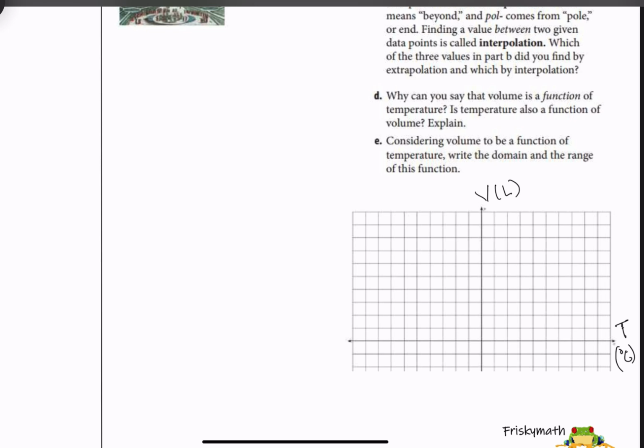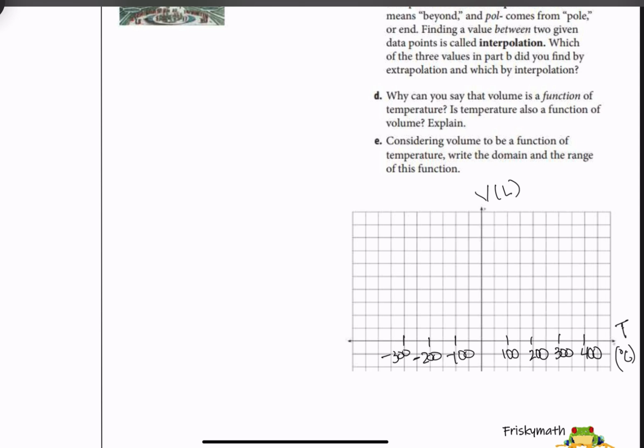So on my temperature axis, because I need to go from negative 300 to positive 400, I'll go by 50s, but I'll skip every other one. So I've got 100, 200, 300, and 400 degrees Celsius. And then going in the negative direction, negative 100, negative 200, and negative 300.